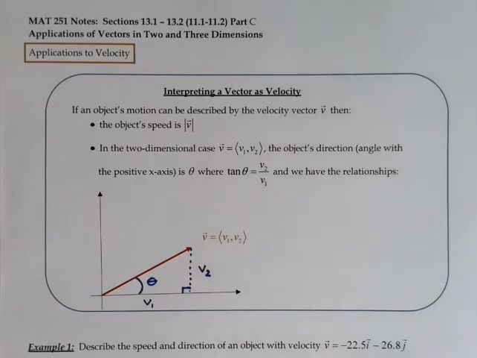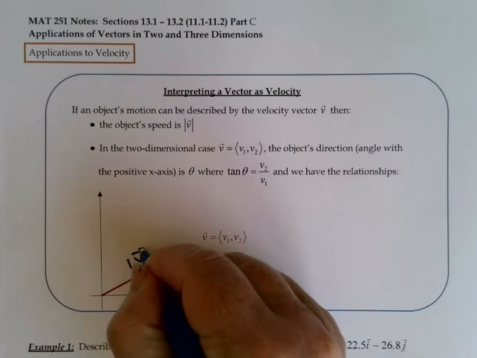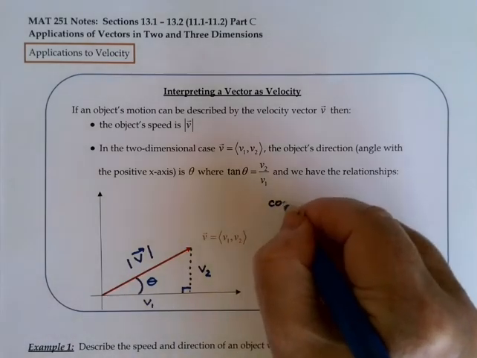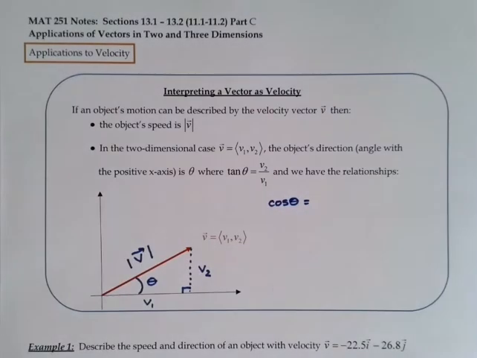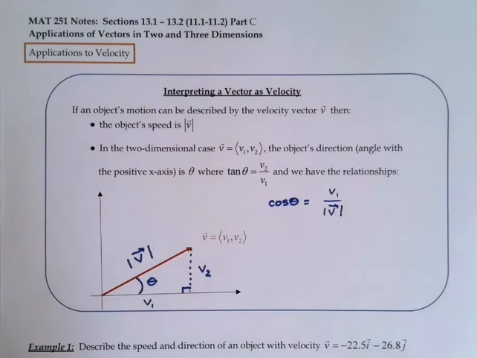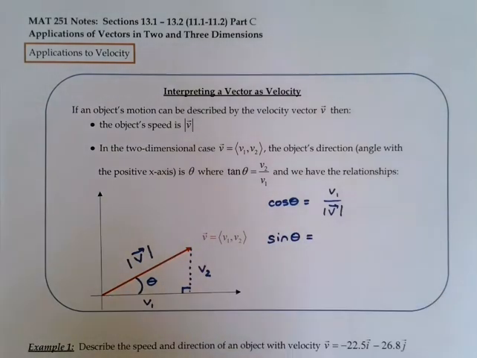There are two other really important relationships that we can get out of this triangle. First of all, keep in mind the length of the velocity vector. This hypotenuse is the magnitude of v, the length of v. And so we could write that the cosine of theta would be v1 over the magnitude of v. And we could also write that the sine of theta would be v2 over the magnitude of v.